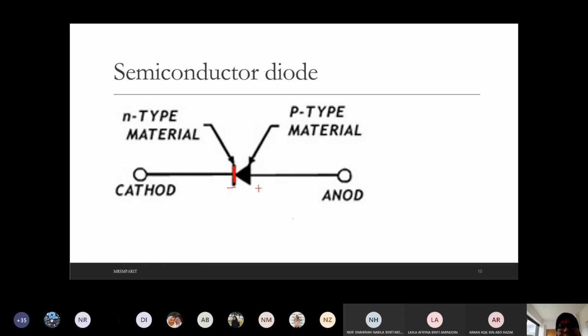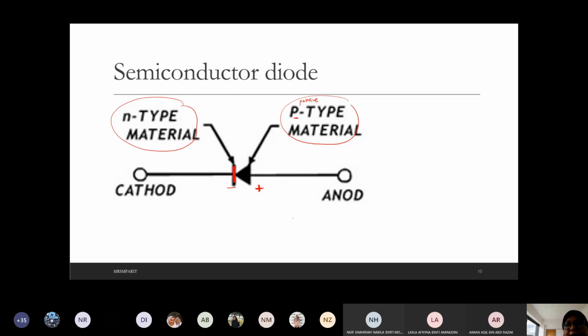You have all learned this, right? The only new thing for you all is this one. This is P type, and this is N type. So I told you just now, it's easy to remember: the anode is the P side. P is as if positive. P is not actually positive, but this is just an easy way for you to understand.